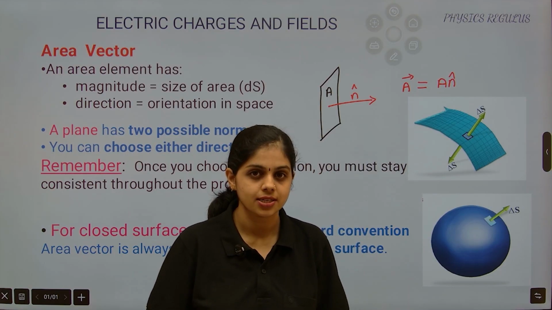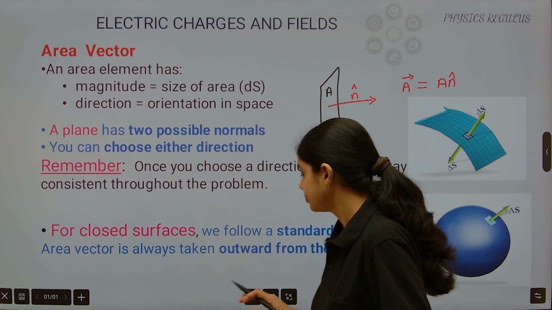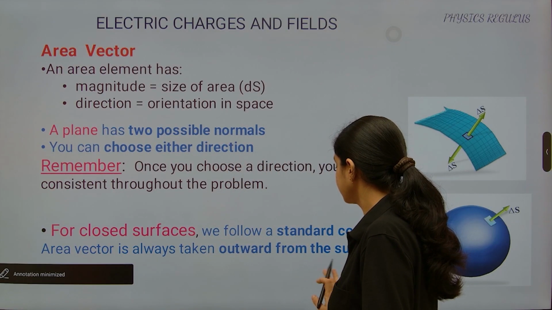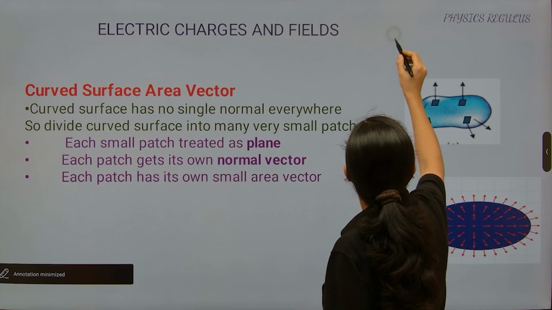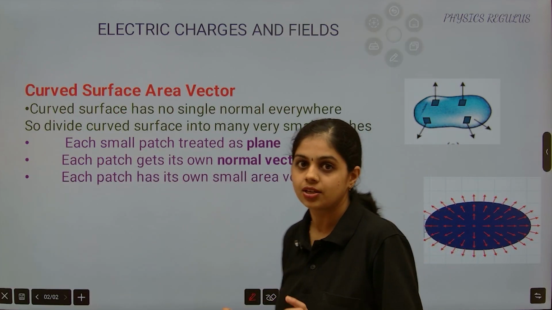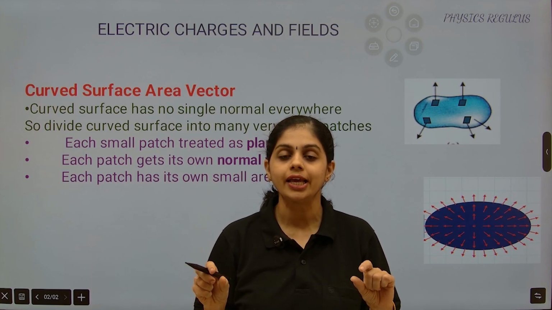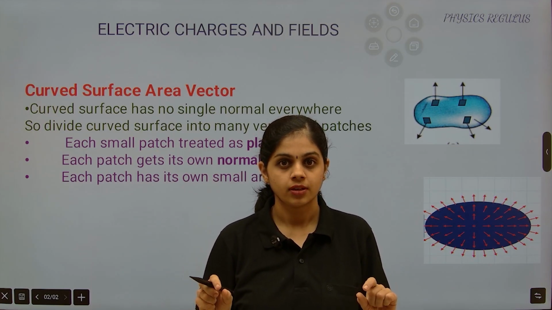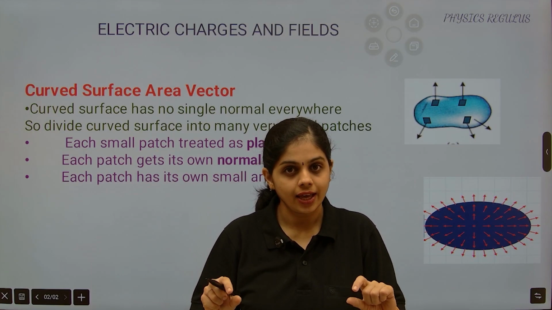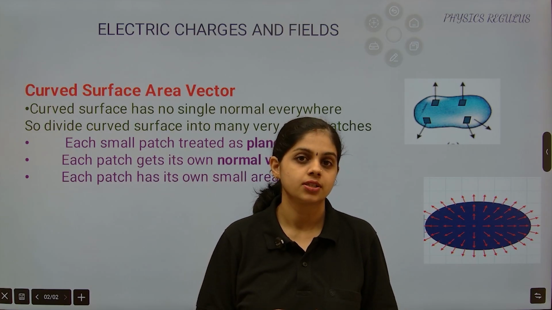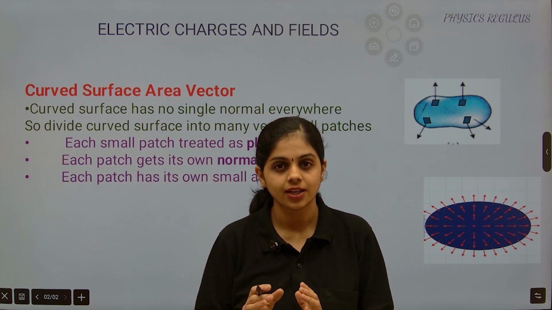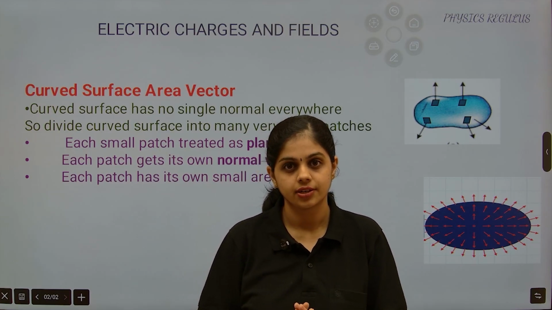Then how to find electric flux? Suppose it is a curved surface. The curved surface is divided into small area elements. Different area elements have different normals. Then total electric flux is calculated.